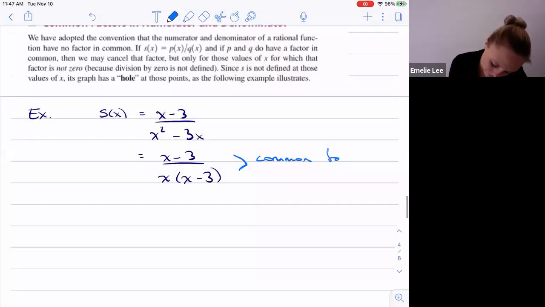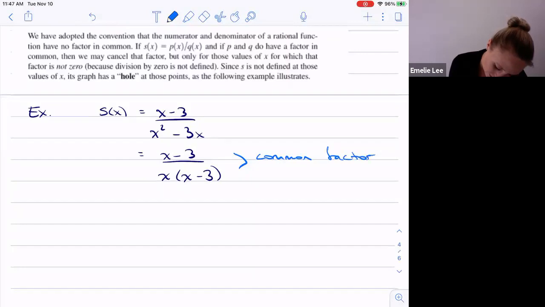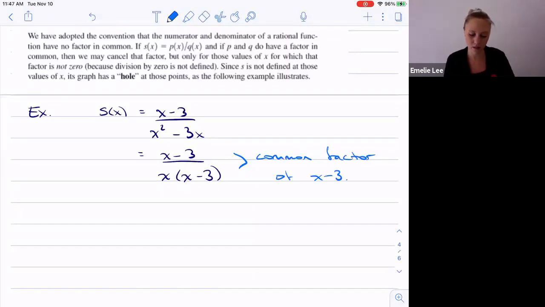Common factor of x minus 3. Here, if I asked you what the domain is, you would know to check because I'm dividing. I can't divide by 0, so x equals 0 is out, and x equals 3 is also out of the domain.